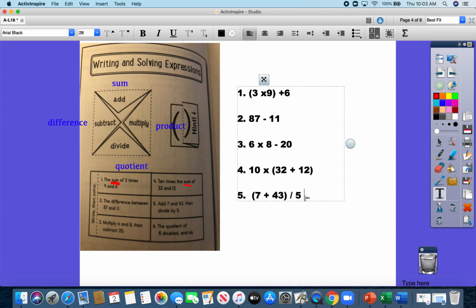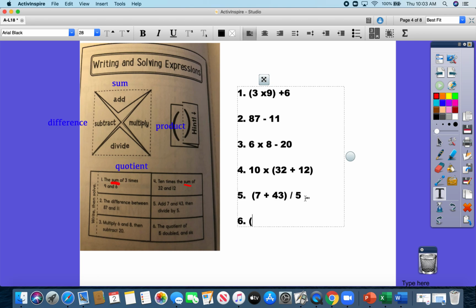Okay? All right, the last one is tricky, and I'm going to give you the answer to this one, but if you are confused on number 6, please do not stress. There is not going to be one this hard on any quiz or test that you're going to take for me in 4th grade. So if you see this one and you're stressed about this one, don't be. Okay? The quotient of 15 doubled and 6.